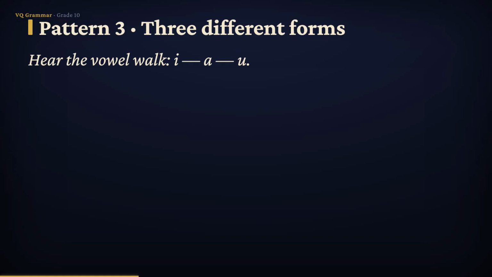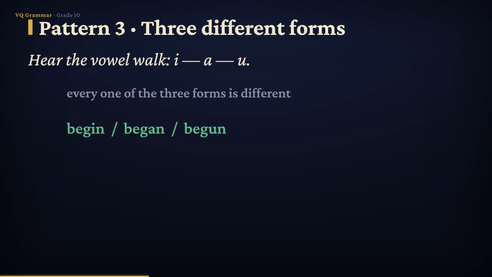Now the third family, and this one has a little music in it. Here, all 3 forms are different, and the vowel walks from I to A to U. Begin, began, begun. Drink, drank, drunk. Sing, sang, sung.